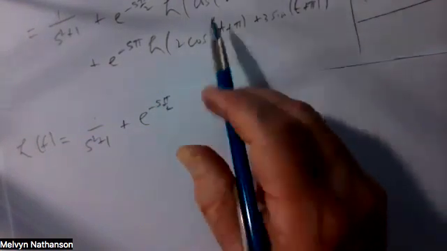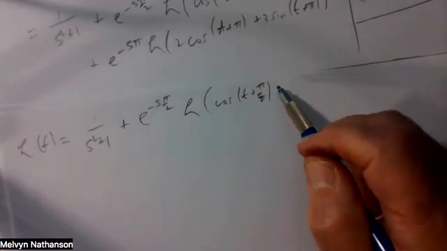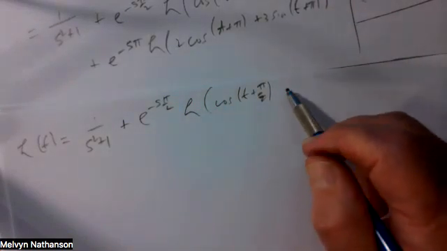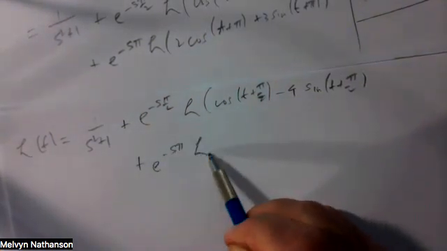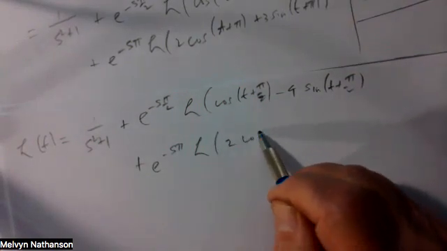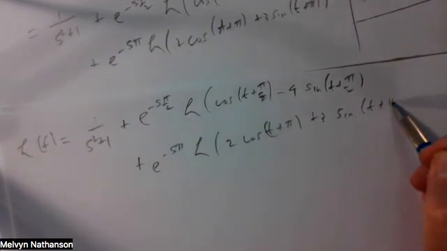So this is e to the minus s pi over 2 times the Laplace transform of the cosine of t plus pi over 2 minus 4 times the sine of t plus pi over 2, plus e to the minus s pi, Laplace transform of 2 times the cosine of t plus pi plus 3 times the sine of t plus pi. So this is what we need to compute.